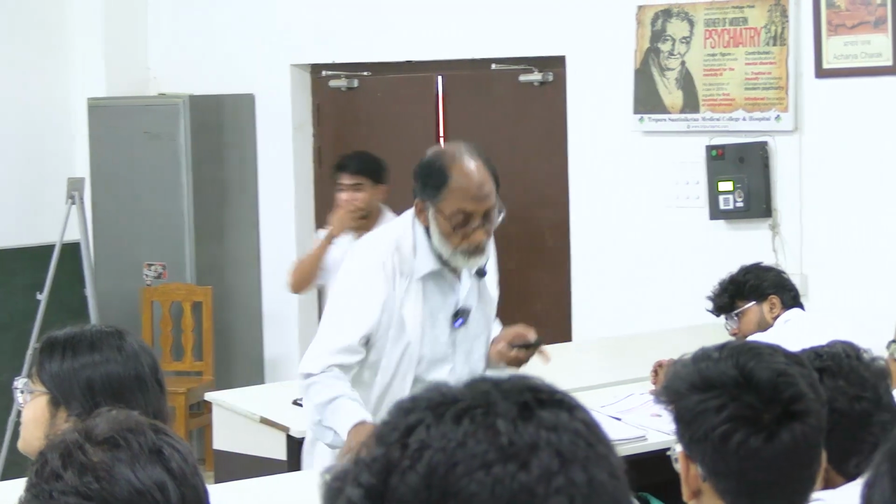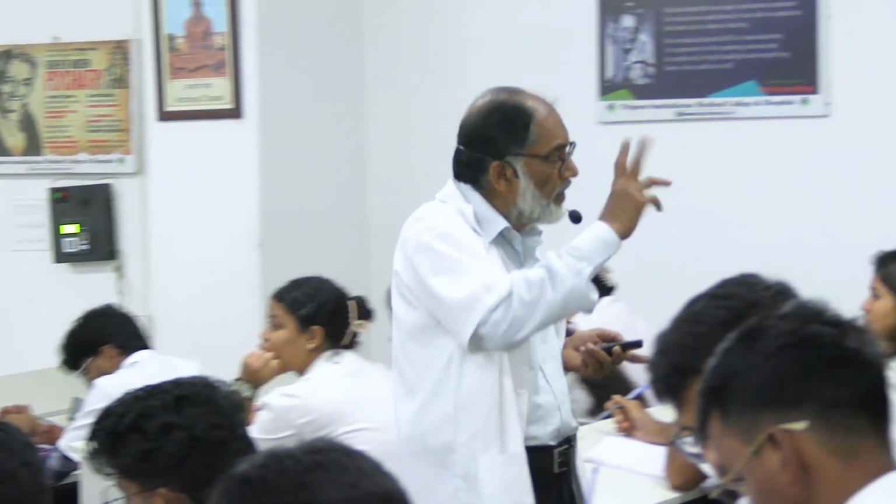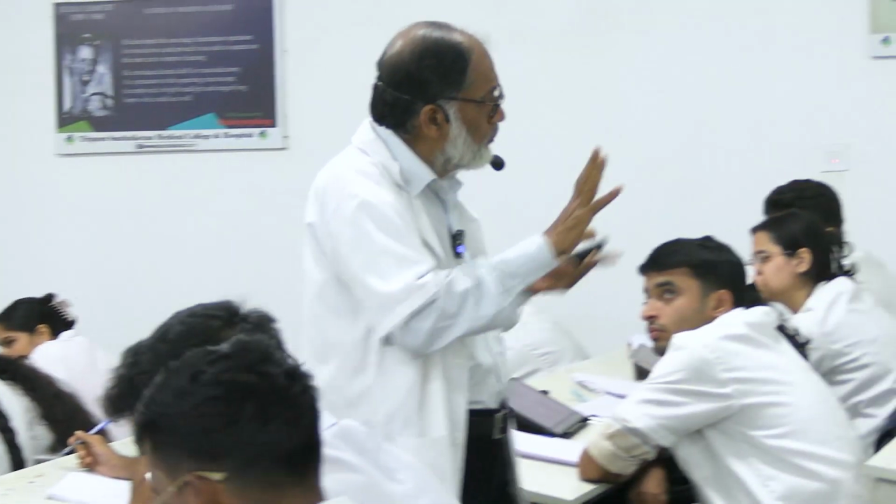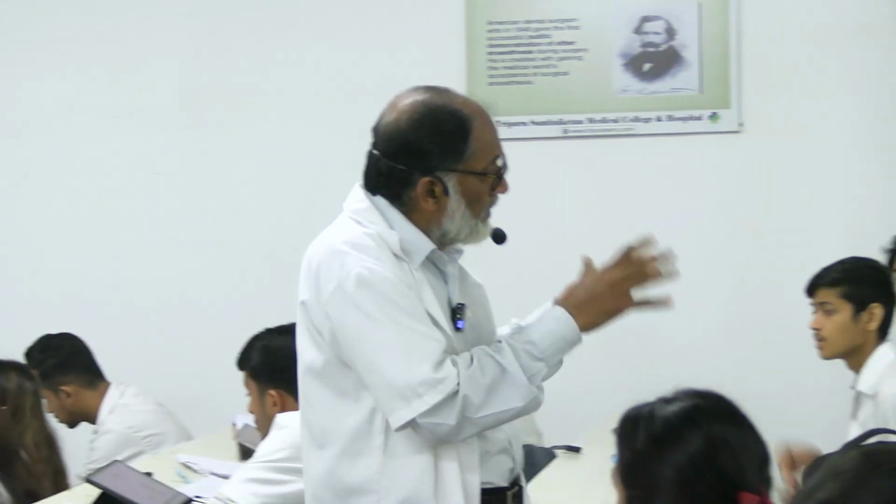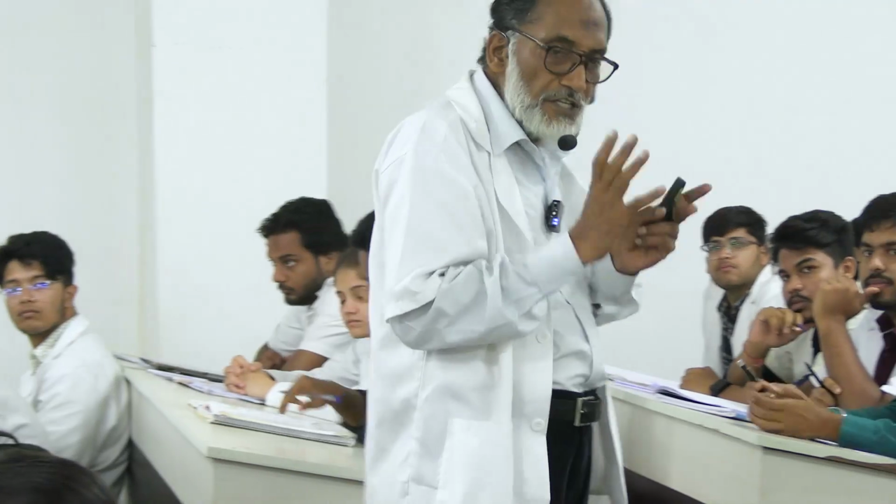Now, I have already told you, it has two coverings, one true covering and false covering. True covering means which is developing from within the gland, that is from the fibrous tissue of the gland, that is called internal capsule. And outside is the external capsule, the false capsule.